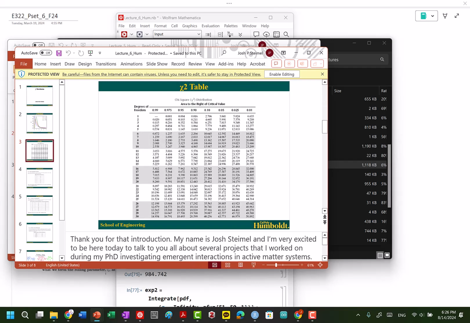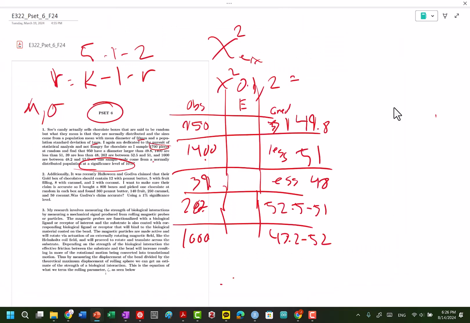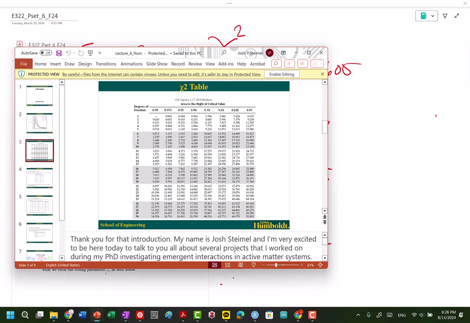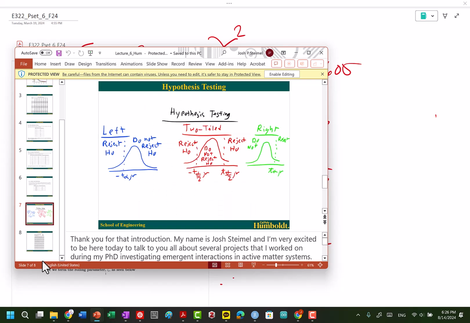So here we go. Chi-squared at 0.1 with 2 degrees of freedom is 4.605. We are looking at that right-tailed test again, basically looking at those values.